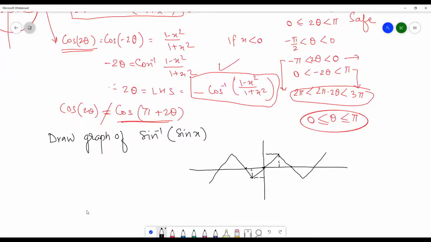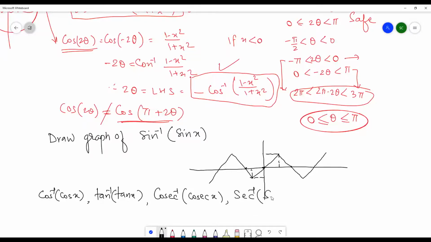Okay, and hence the job is simple: cos inverse cos x, comma, tan inverse tan x, comma, cosec inverse cosec x, comma, sec inverse sec x, comma, cot inverse cot x.